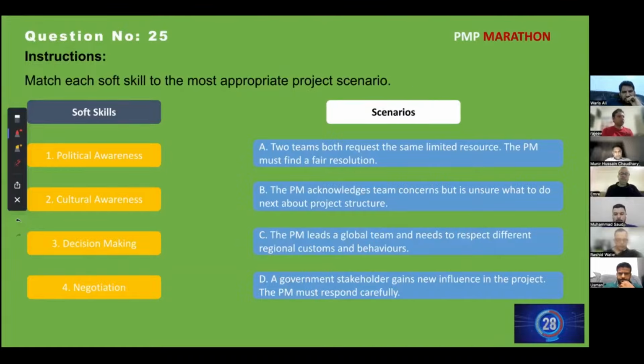The PM acknowledges the team's concern but is unsure what to do next about the project. A government stakeholder gains new interest, but the team must respond carefully. The PM has to lead a global team and needs to respect different legal customs and behavior.